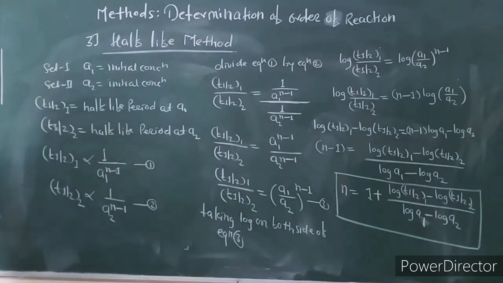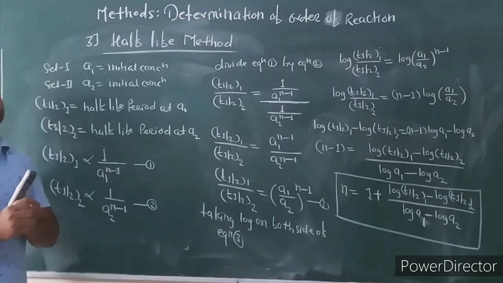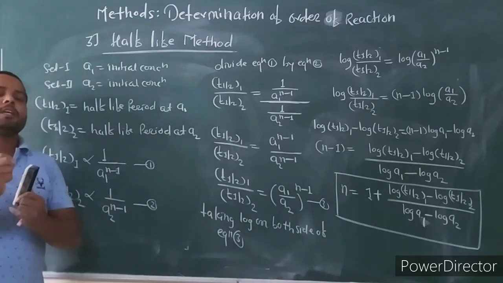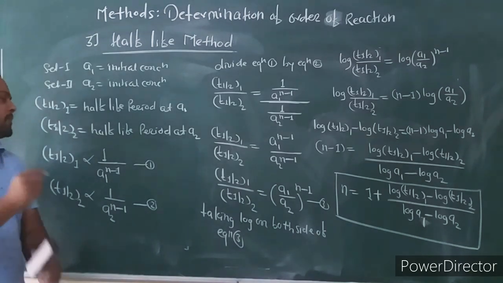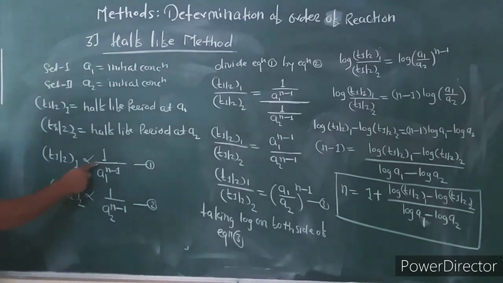In general, we already discussed that the half-life period of an nth order reaction is inversely proportional to the initial concentration A raised to the power n minus 1. Then T half 1 is inversely proportional to A1 to the power n minus 1, and T half 2 is inversely proportional to 1 divided by A2 to the power n minus 1. These are equations 1 and 2.